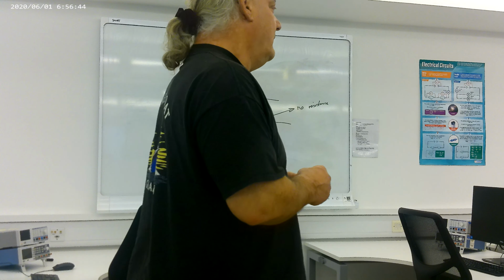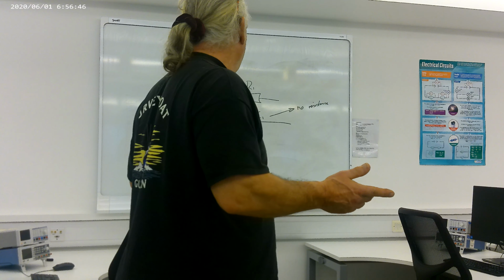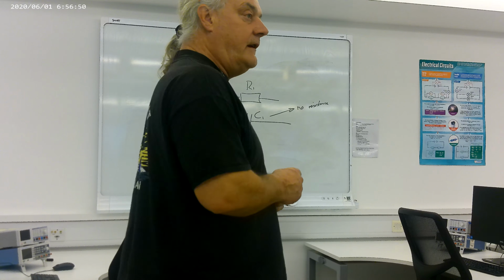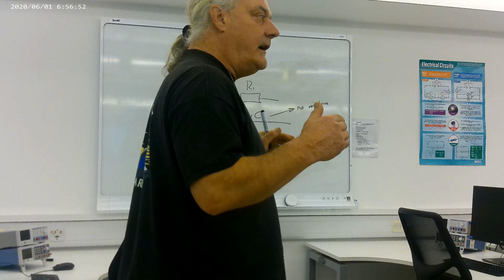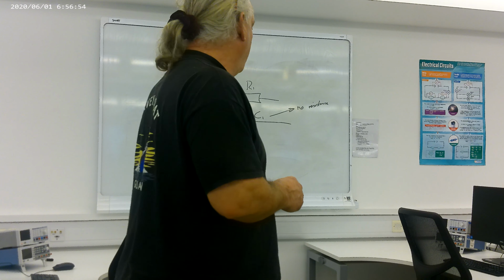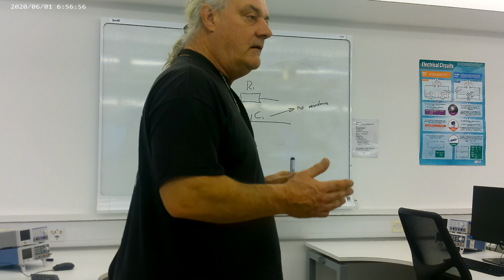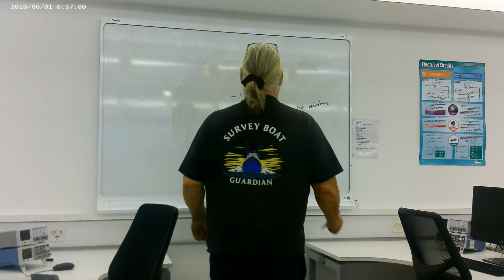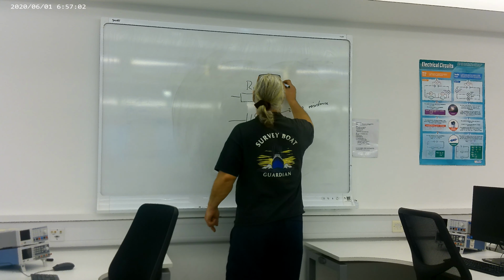Resistance doesn't change as a function of frequency, it's constant. Okay? So I've got a 1K resistor and I feed 1000 hertz into it. I get the same amount of resistance if I feed a megahertz in. Frequency doesn't make any difference. That's what resistance is.